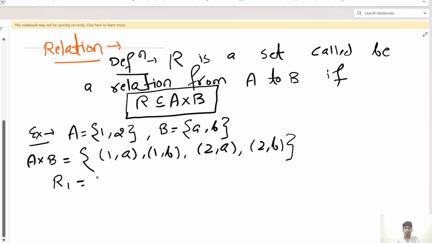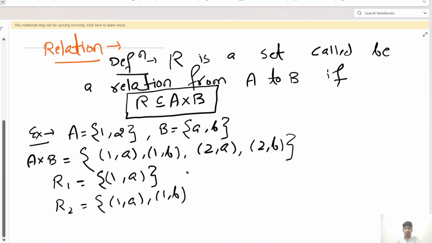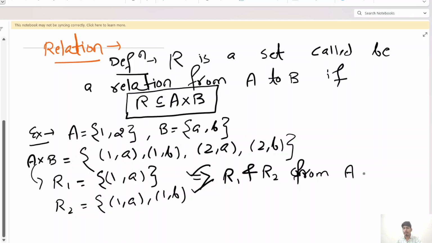Then R1 = {(1, a)}, R2 = {(1, a), (1, b)}. These are all subsets of A cross B. It implies R1 and R2 are relations from A to B.